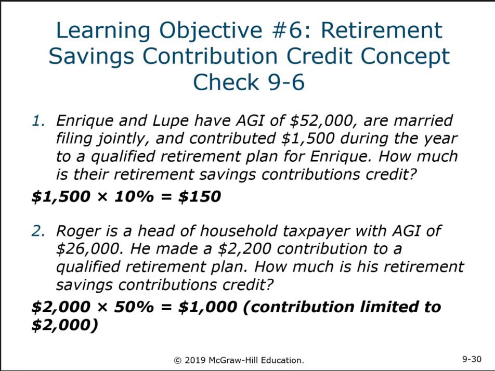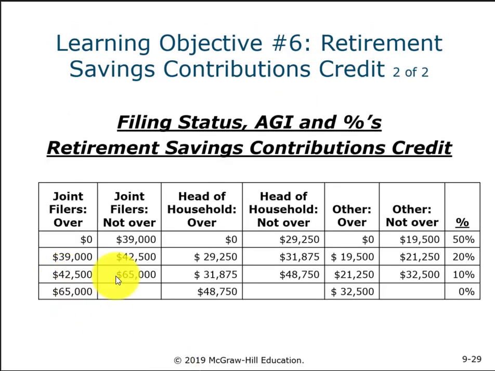So example, AGI $52,000, married filing jointly, so we haven't completely gotten off of the income chart. $1,500 during the year, that's under the 2,000, so we're good. So we take 1,500 times, looking at the table, between 42 and 65, 10%.